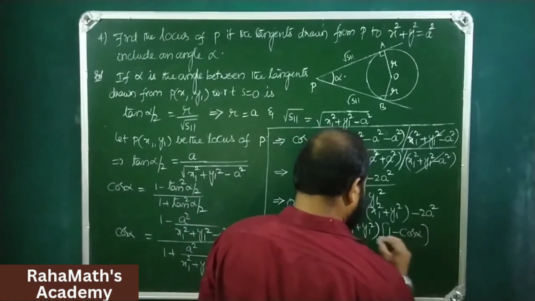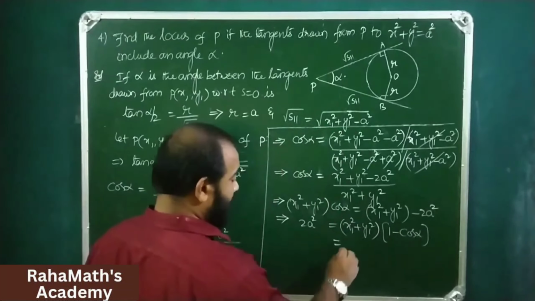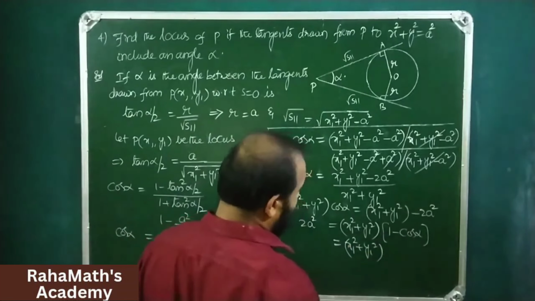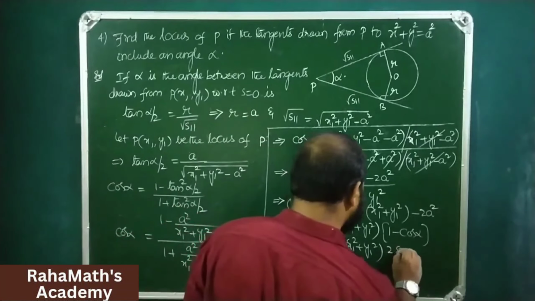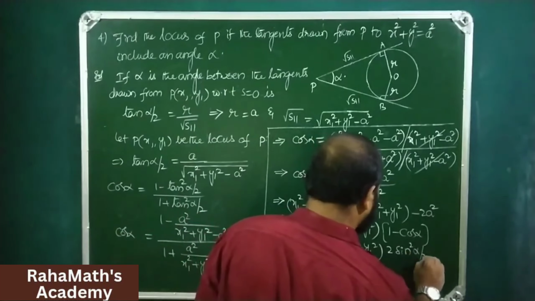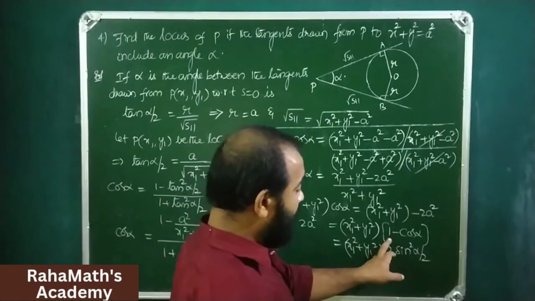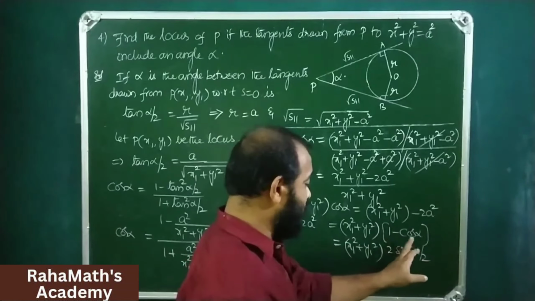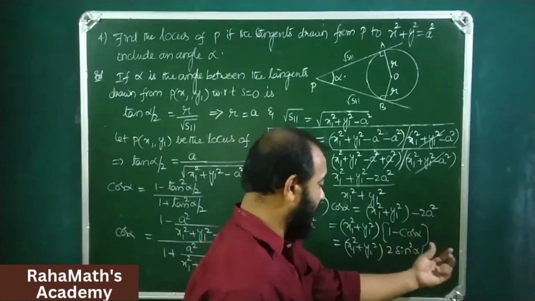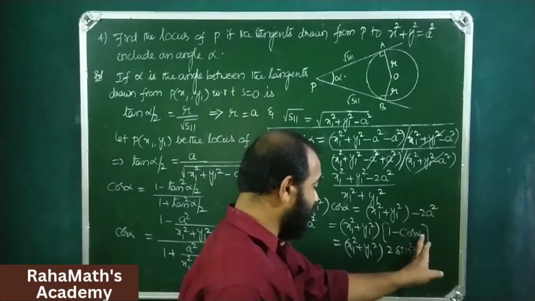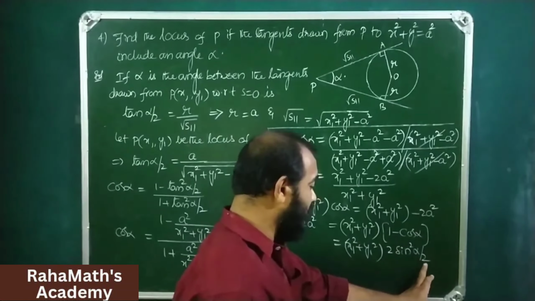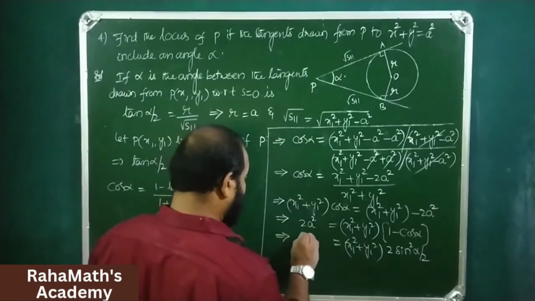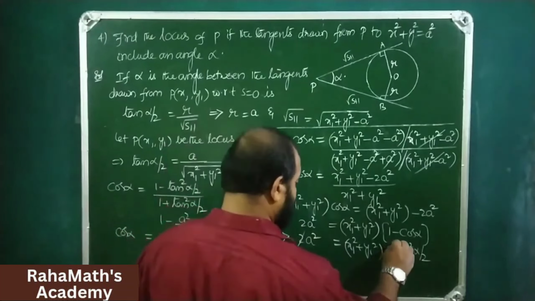What is 1 minus cos alpha? 1 plus cos 2 alpha is 2 cos square alpha, and 1 minus cos 2 alpha is 2 sin square alpha, the half angle. So 1 minus cos alpha is 2 sin square alpha by 2. This was learnt in first year trigonometry. That is equal to 2a square, so this 2 gets cancelled.